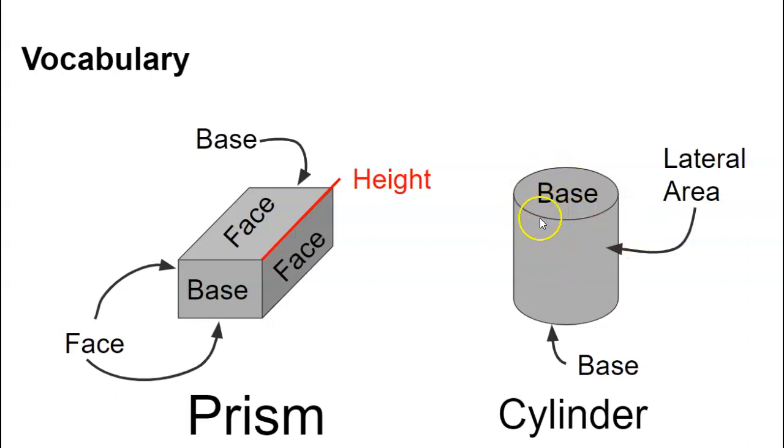Think about it as like a label on a can. And this is called the lateral area. You'll also see lateral area used to refer to all of the faces of a prism. But with a cylinder, it's more important because there is just one face wrapped all the way around it, that lateral area. There are several formulas that we are going to use throughout this unit dealing with our three-dimensional shapes.